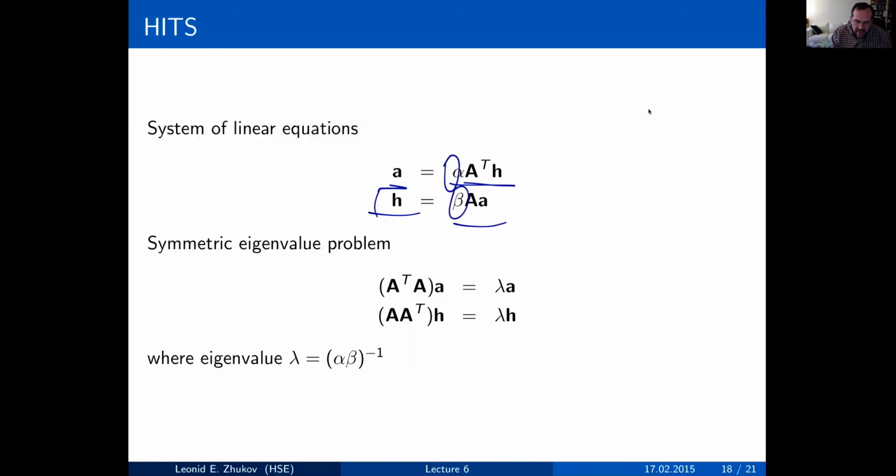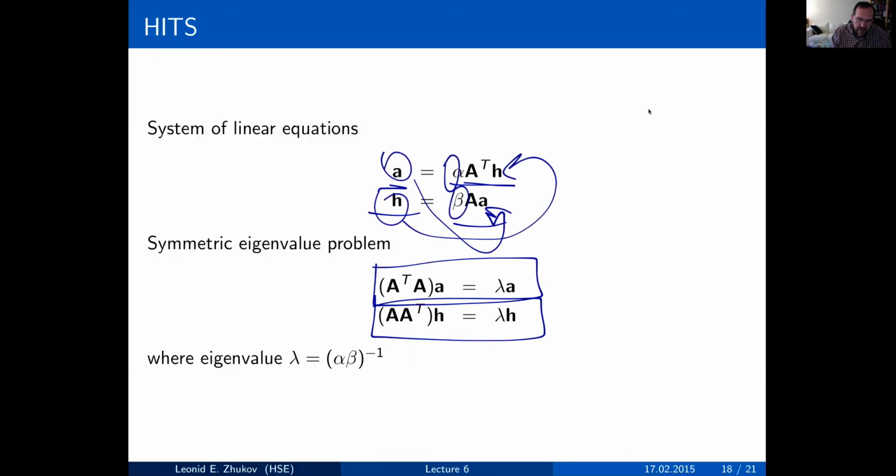You can take this H and plug it in this equation, and then we'll get an equation for A, or we can take this A and plug it in this equation. We can get an equation for H, or you can just iterate these equations, solving one then solving another. But the point is, what you're going to get is a symmetric eigenvalue problem that calculates A and H.